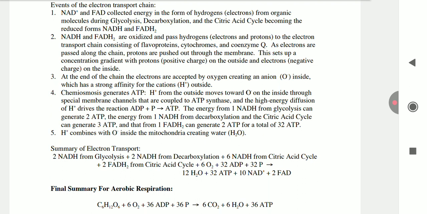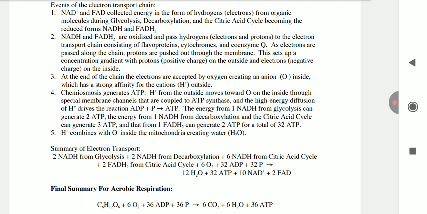Fifth, H combined with oxygen inside the mitochondria creates water molecules. Summary of electron transport: 2 NADH from glycolysis plus 2 NADH from decarboxylation plus 6 NADH from the citric acid cycle plus 2 FADH2 from the citric acid cycle plus 6 O2 plus 32 ADP plus 32 Pi will give 12 water, 32 ATP, 10 NAD positive plus 2 FAD.